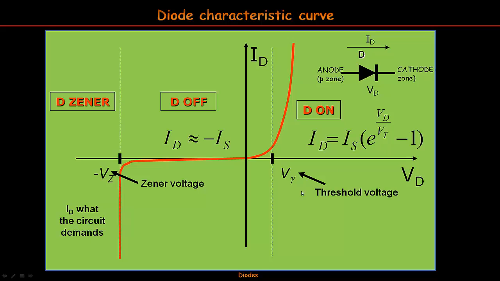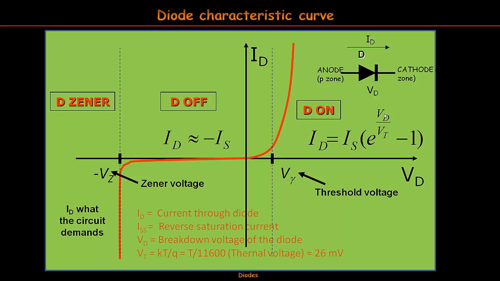Forward bias. It is an exponential curve. Once overcoming the forward voltage or potential barrier, there is, in fact, a knee around that barrier at 0.6 or 0.7 volts for silicon or 0.3 for germanium. The Shockley equation, this one, states that the current crossing the diode is the product of the inverse saturation current and an exponential.